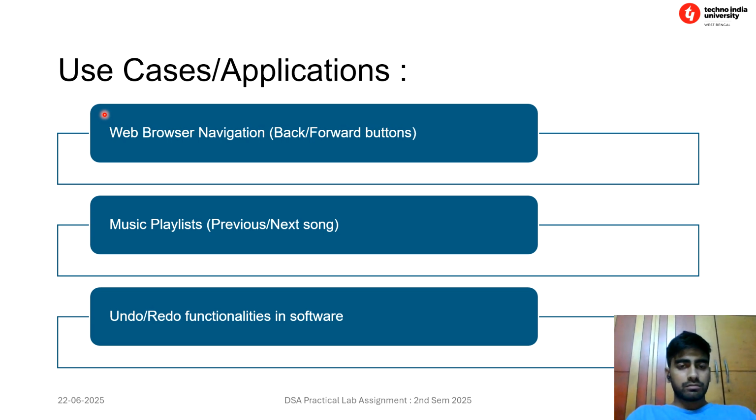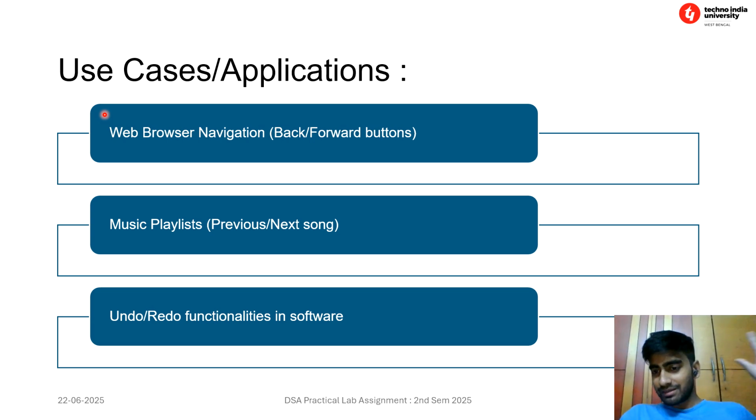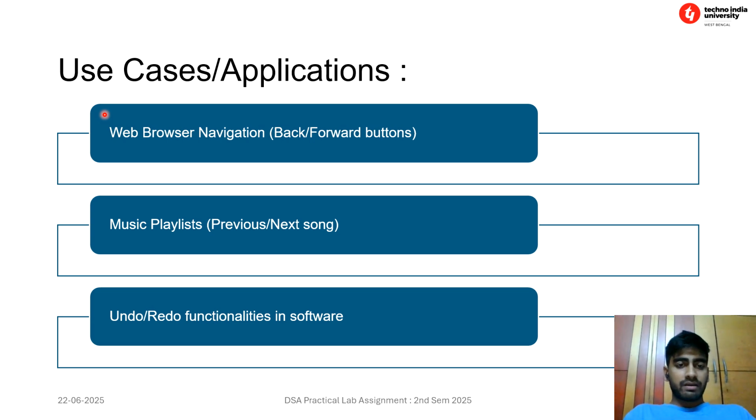For example, in Google Chrome, the most famous web browser we have, to move to the previous web page or to the next web page, we can easily use the back and forward buttons. This is nothing but a doubly linked list where we are traversing to the previous page using the previous pointer and to the next page using the next pointer. Now it's much more complicated, but in layman's terms, this is what is happening under the hood.